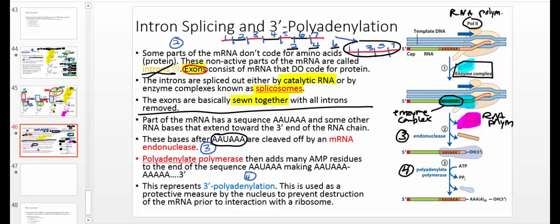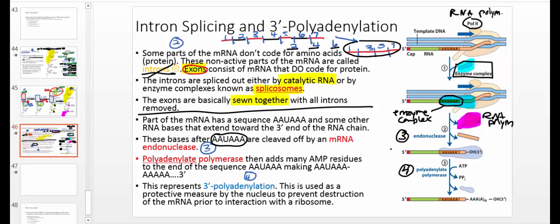This enzyme complex looks for that. It specifically looks for the sequence AAU-AAA. When it finds it, the endonuclease part of this enzyme complex clips everything after it off.